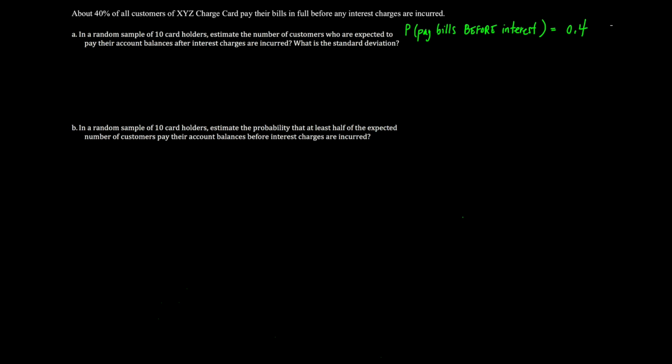So let's read the question now. Part A asks, in a random sample of 10 cardholders, estimate the number of customers who are expected to pay their account balances after interest charges are incurred. So what do we have? As we read the question, in a random sample of 10 cardholders, all of a sudden we have a new bit of information. So we have our sample size of 10, and then they want to know the expected number of customers who pay their account balances after interest charges are incurred.